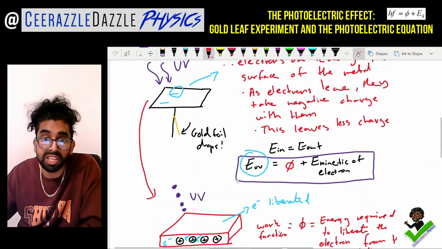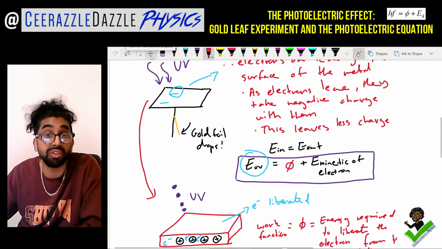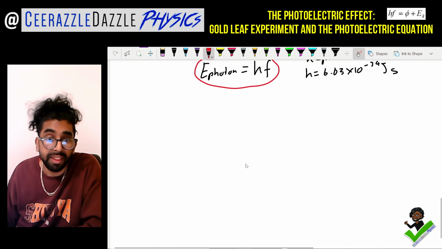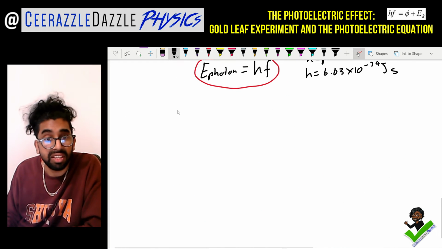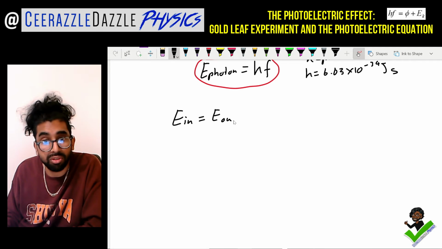Initially we said that the energy of the UV is the energy of the photon. Let's rewrite this below. The energy coming in will be equal to the energy coming out of the system.